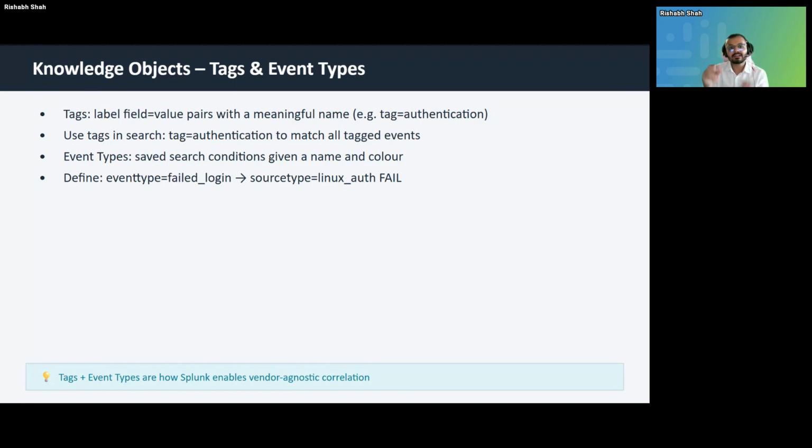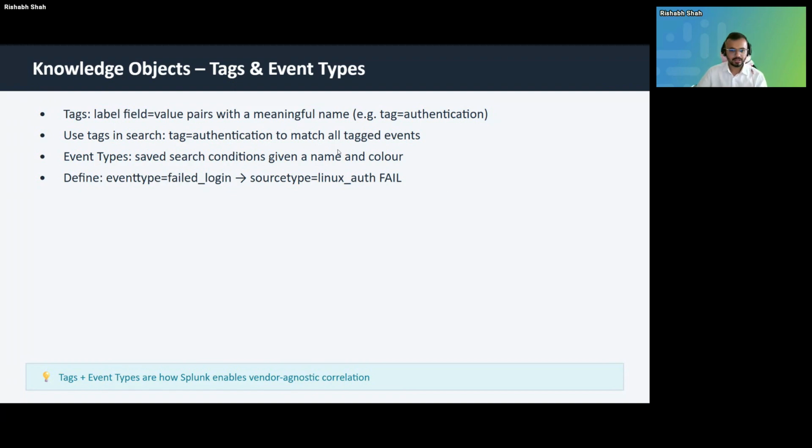Whenever I search with event type equals failed login, I get the logs from the search running behind it. So we can consider an event type like a function in a normal coding language, or like a macro. We can specify the query running behind it, and it will pull those events.